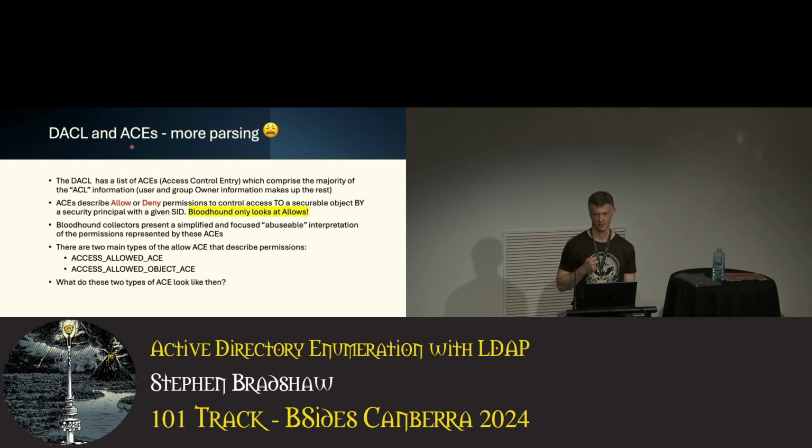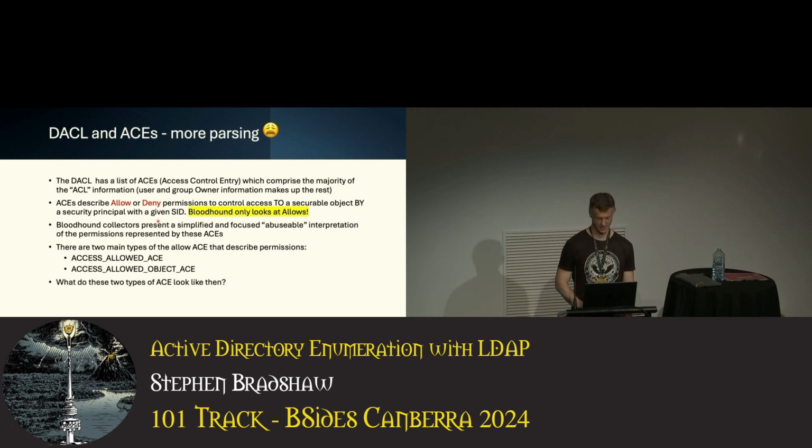BloodHound, when it's considering abusable permissions, is only looking at allows, so the denies are completely ignored. In addition, the BloodHound collectors also simplify the interpretation of a lot of these ACEs down to abusable permission sets only. So in some cases, certain ACEs will be completely ignored if they don't contain an abusable permission. In other cases, they will be simplified down to the abusable component.